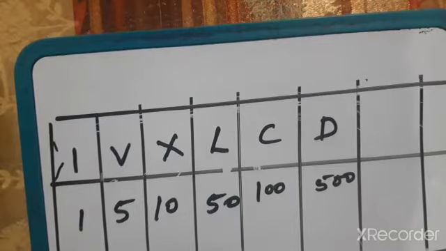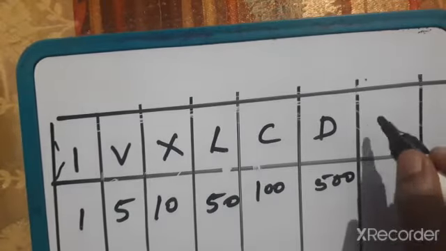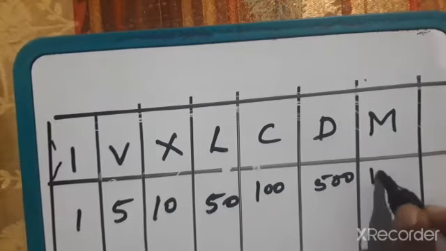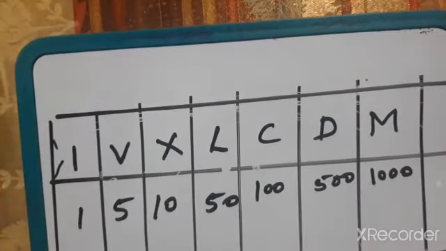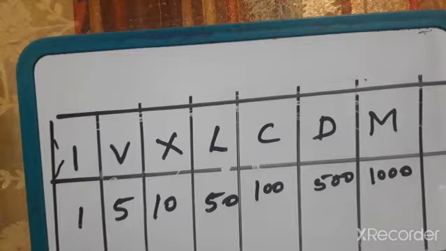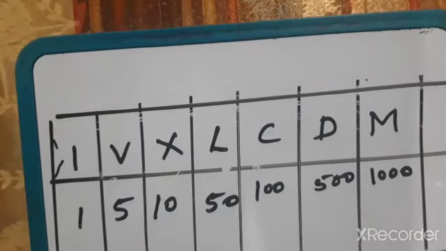But after delivery, what did we receive? A medium size dress of 1000 rupees cost. Understand? So here I means 1, V means 5, X means 10, L means 50, C means 100, century, D means dress cost 500, but after delivery we received a 1000 rupees dress of medium size.